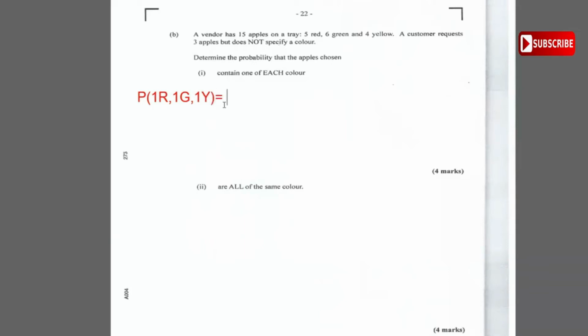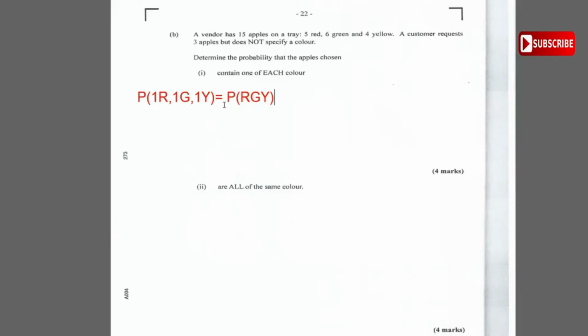So what's that probability going to equal to? If you get 1 of each color, that means you can get a red, a green, and a yellow. So we need the probability of getting a red, a green, and a yellow.